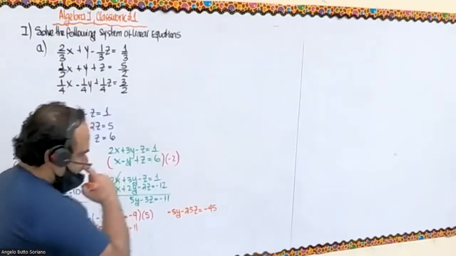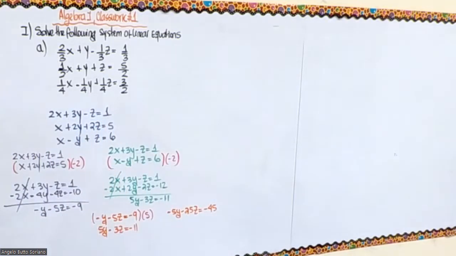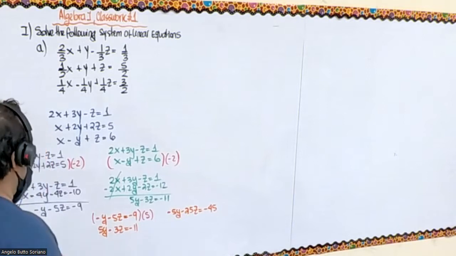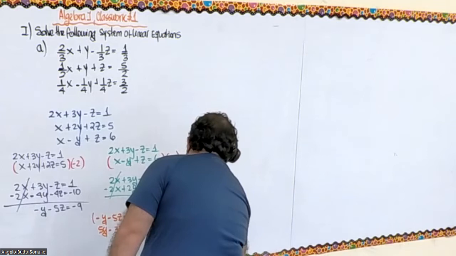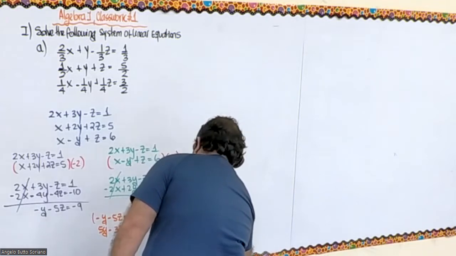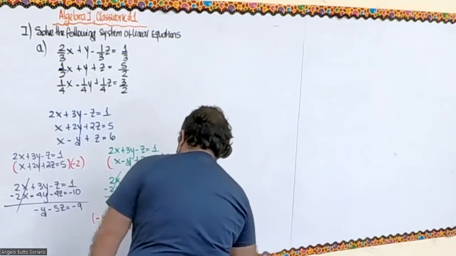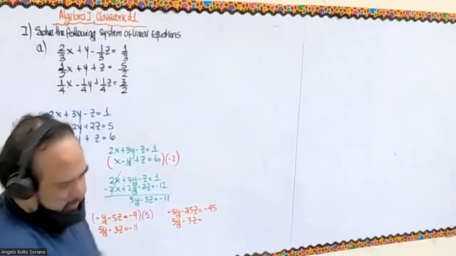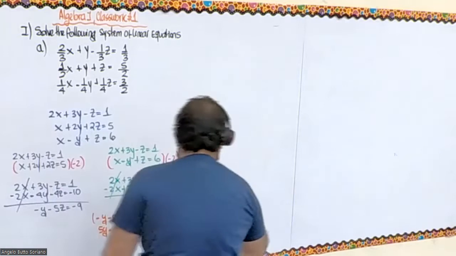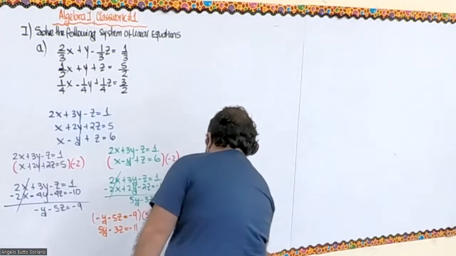And now we have 5y minus 3c equals negative 11.